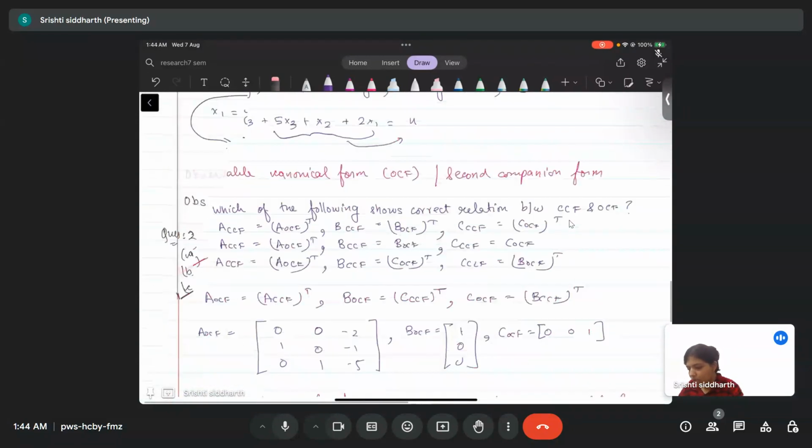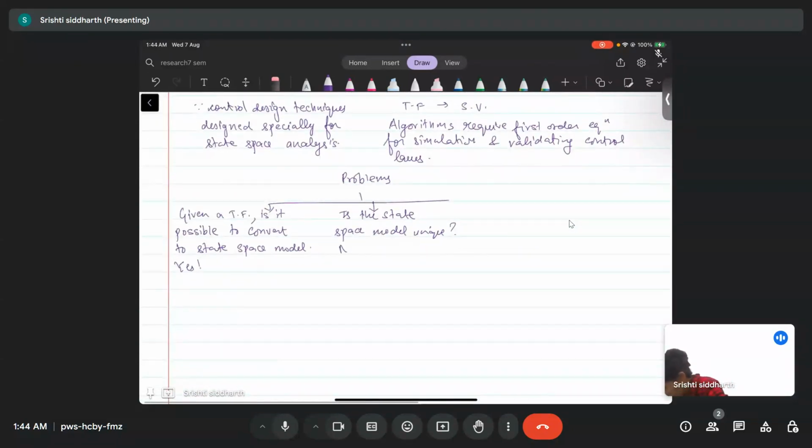So the answer is no, there is no unique state space model. But given a transfer function, we can obtain a state space model. And since there are many forms, how do we obtain CCF, OCF, and so on?